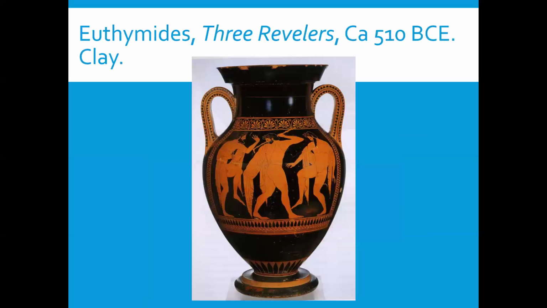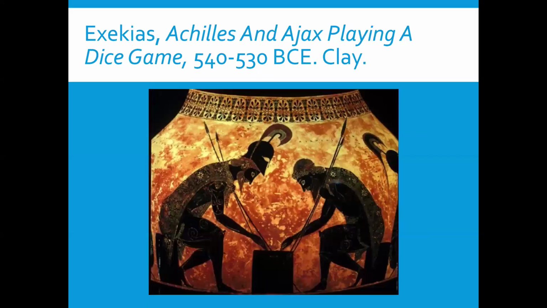And I am not going to get into all of the different types of vases where you need to remember those, but notice that these three revelers are a red figure painting, whereas the Exekias, Achilles and Ajax is a black figure. And so they're experimenting with the slip that they're making.